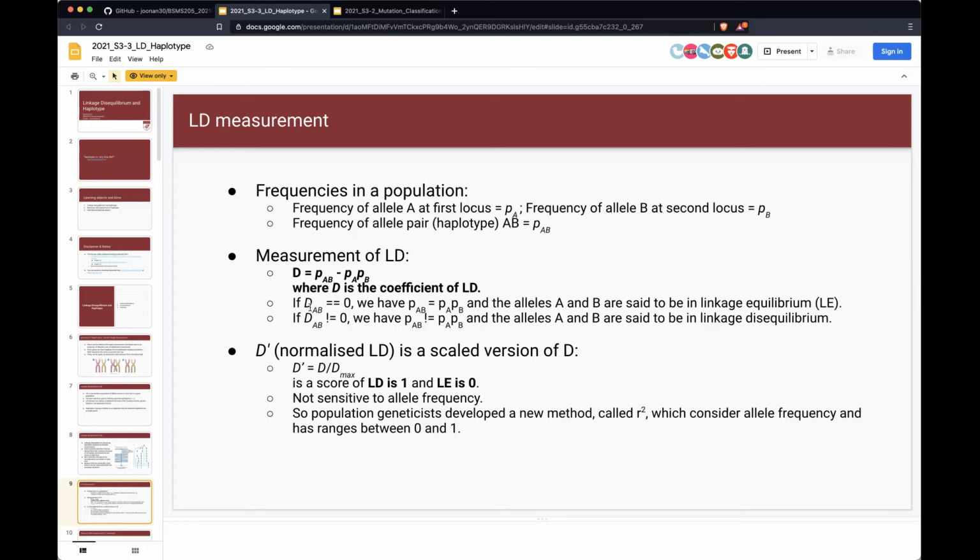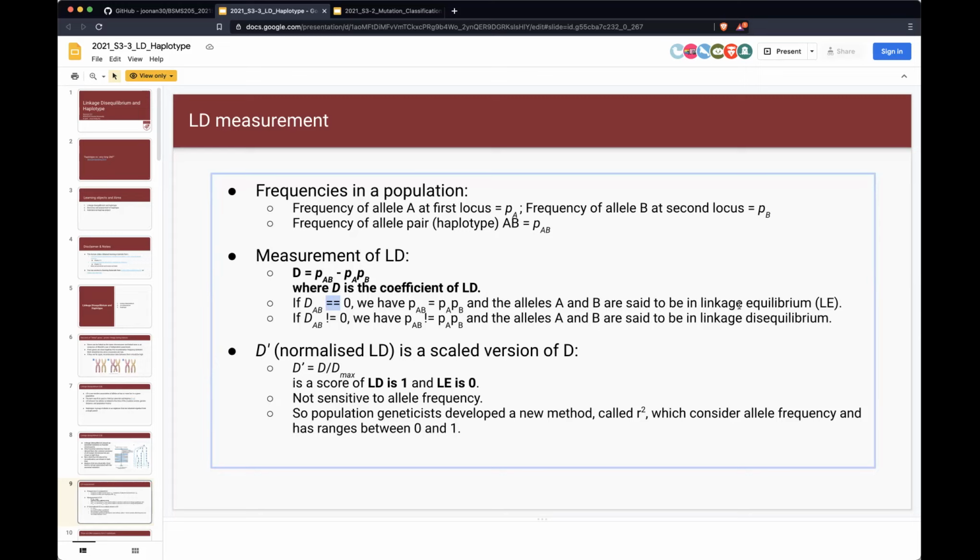So how much LD is happening at the position, right? So if DAB is equal to 0, this means we can say that the alleles A and B are in total linkage equilibrium. In that case, these two alleles are not linked to each other because they are totally independent, right?